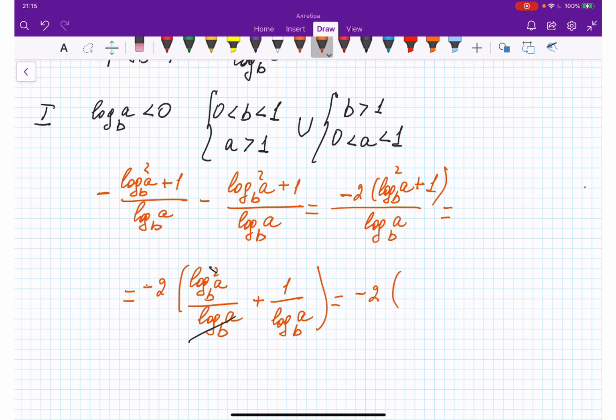We have log_b(a), and here will be plus, flipping back the base, right? We are getting plus log_a(b). Okay, so this is the first answer.